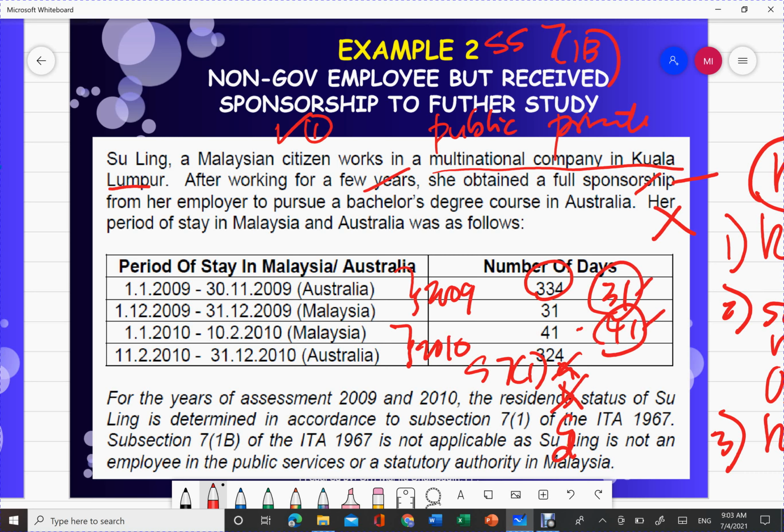Not enough 90 days. D does not care how many days you stay in Malaysia, but the immediately following and immediately preceding years must be resident. So for this case, Suling is not a resident in Malaysia.